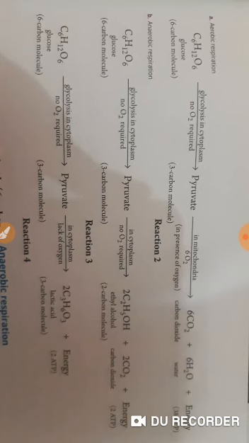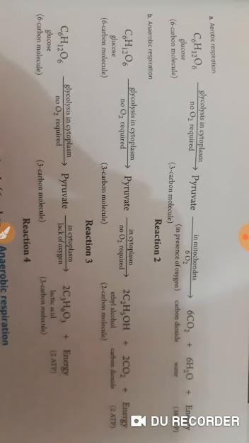And glycolysis takes place in the cytoplasm. So after glycolysis, if sufficient oxygen is not available, pyruvate does not enter mitochondria but is converted into ethyl alcohol or ethanol, a 2-carbon compound.